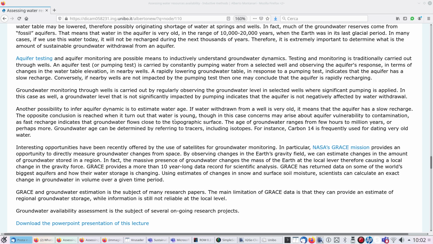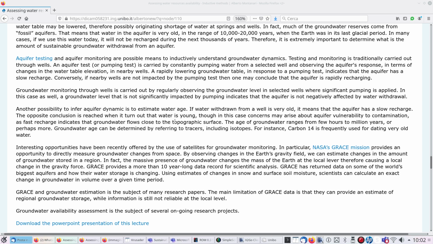estimate water age by relating also the isotope composition of groundwater with the isotope composition of rainfall, for which we have long historic information that is taken from ice cores, for instance. And therefore, the analysis of isotopes is frequently used in order to try to estimate the age of groundwater.